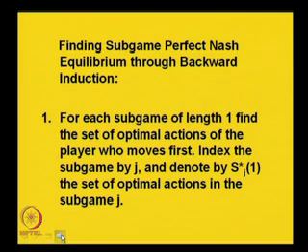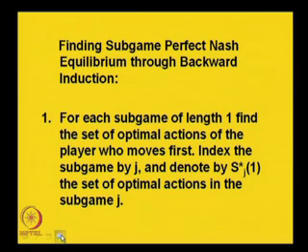Finding subgame perfect Nash equilibrium through backward induction. There are some steps. First step, for each subgame of length 1, find the set of optimal actions of the player who moves first. So, at the beginning of the subgame, there is a player, and we have to find out what is his optimal action or optimal actions.